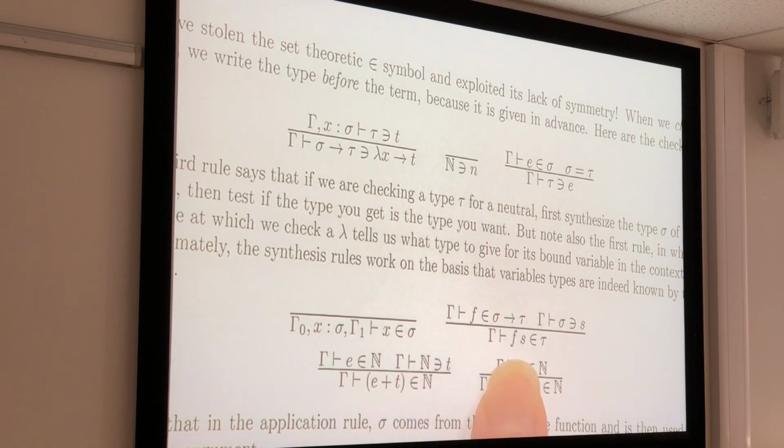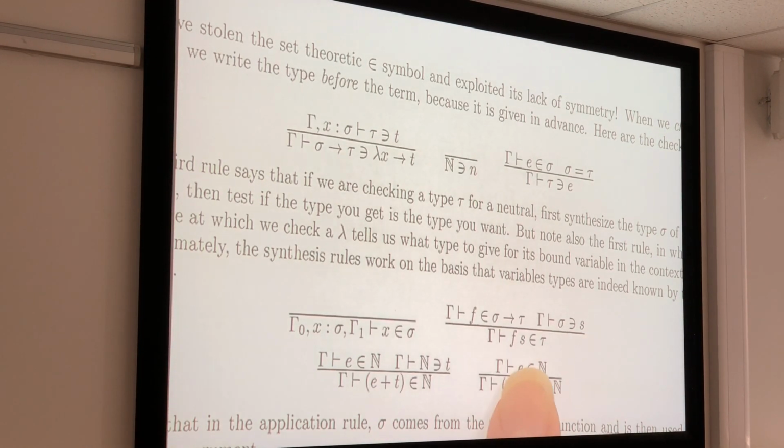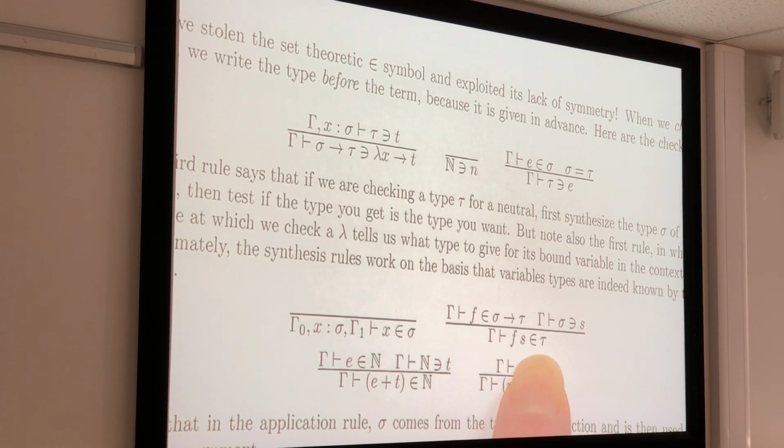We said to synthesize the type for an application, you synthesize the type for the function. That tells you both what type of argument is expected and what type of result to give back. So we now know how to check the argument. By synthesizing the type for the function, we learned how to check the argument, and we also learned how to synthesize the type to give back overall.